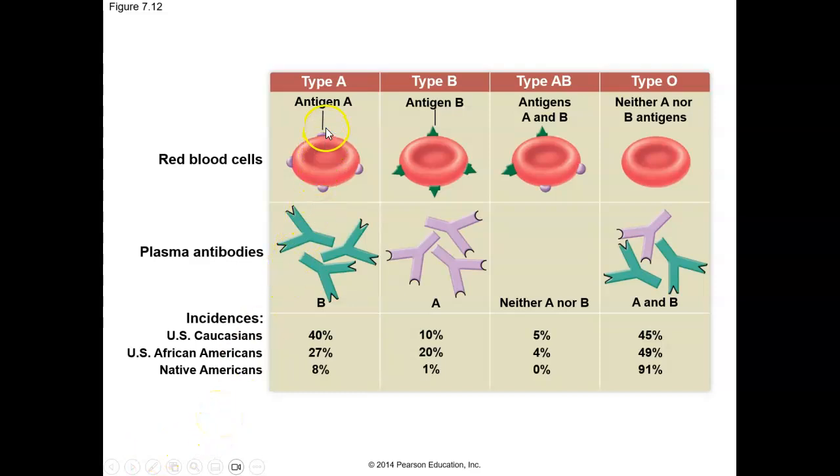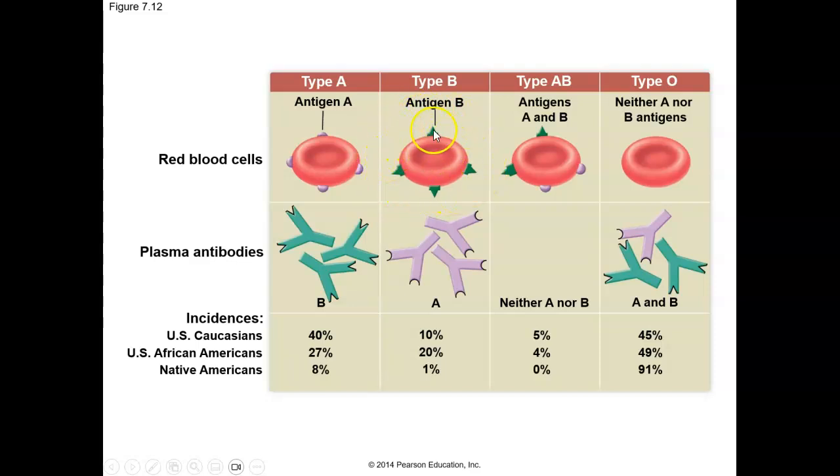So if a person has type A blood, they can make antibodies. Remember we said some of the white blood cells make antibodies to fight off things that are foreign. So a person with type A blood would find type B blood to be foreign.